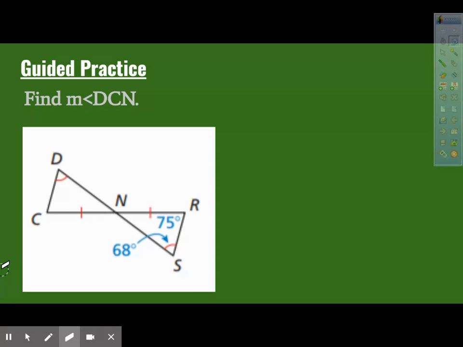Okay. All right, so here's the next thing I want you to do. That was the last problem that was actually on there, correct? Okay. You're going to do this next one with your partner, and you're going to draw this picture on your paper. And you and your partner are going to try to figure out the measure of the missing angle.